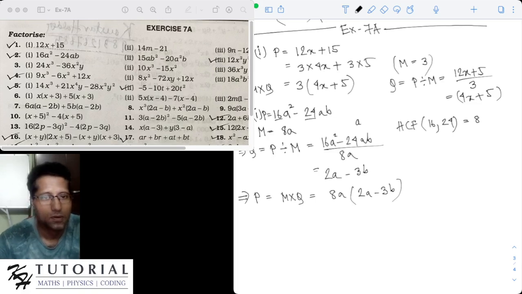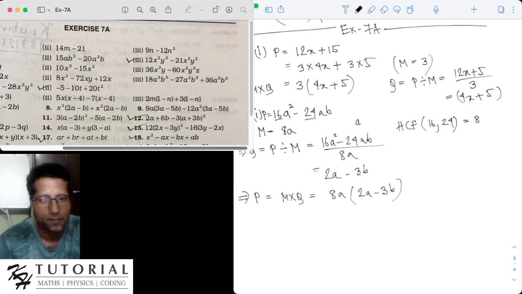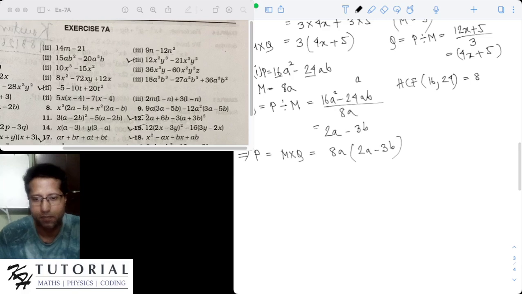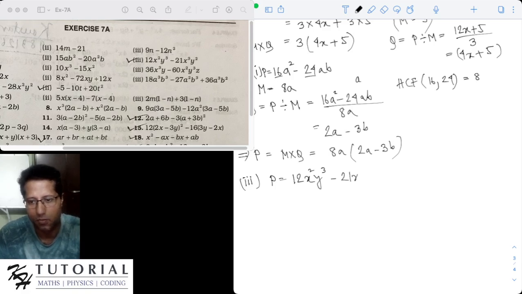Okay, let's do part 3. Problem number 2, part 3. P is given to be 12x square y cube minus 21x cube y square. Now I have to first identify the common factor.